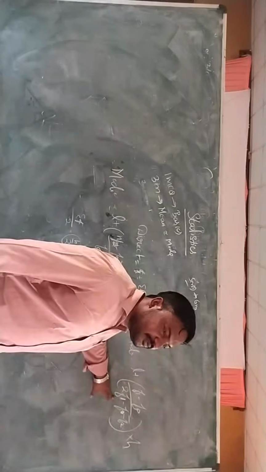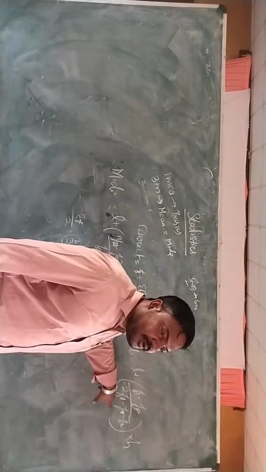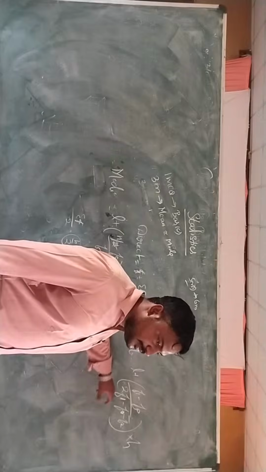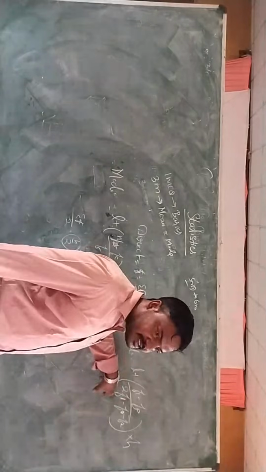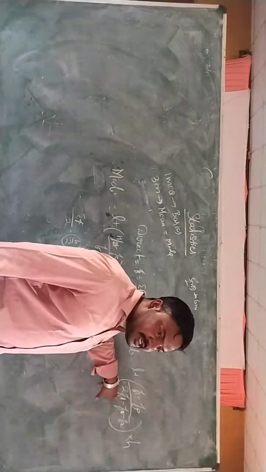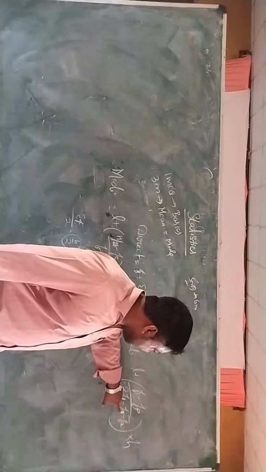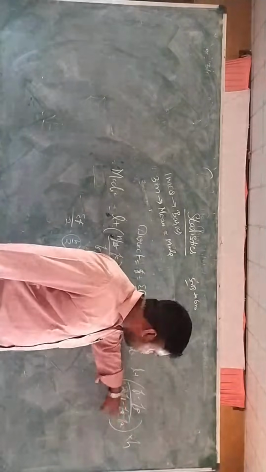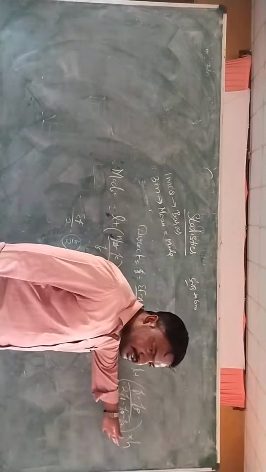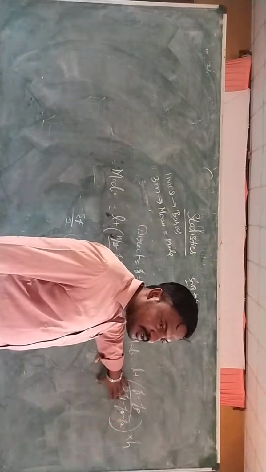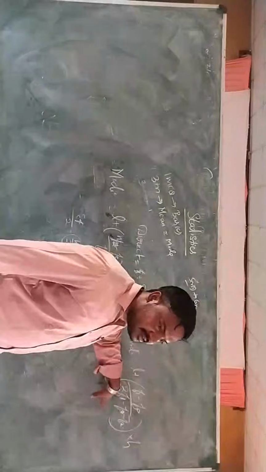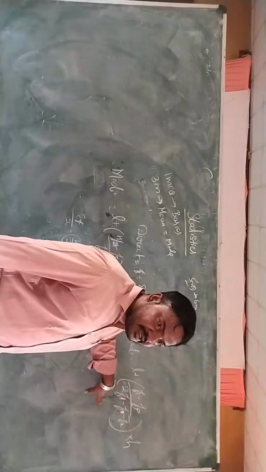F1 is the corresponding frequency of the modal class. Median class, mode here modal class. And f0 is preceding, f2 succeeding. H is the height of the modal class, the size of the class interval.